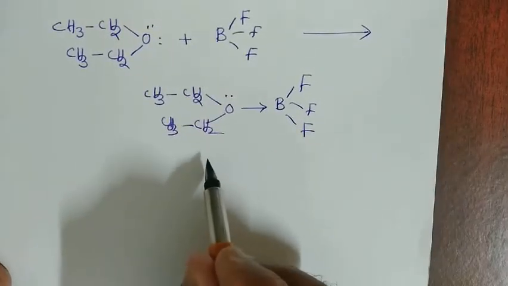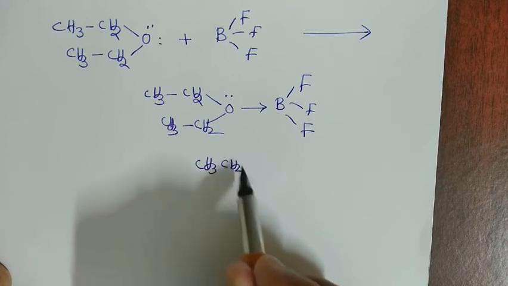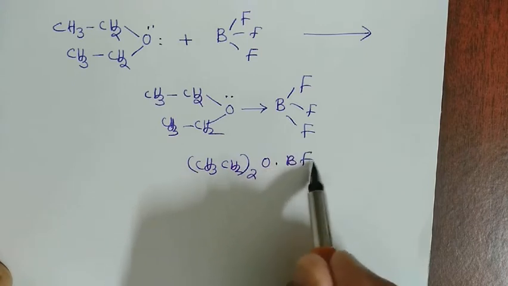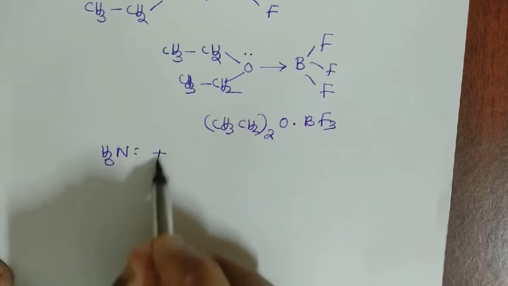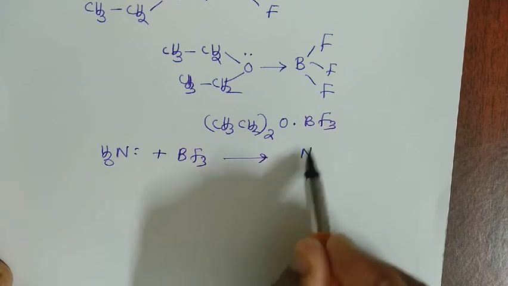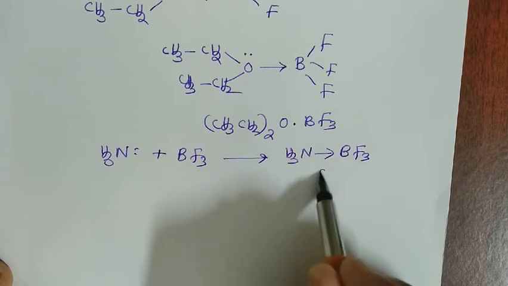This addition product can be written as (CH3CH2)2O·BF3. This reaction is similar to the reaction between ammonia and BF3 to form the addition product NH3·BF3.